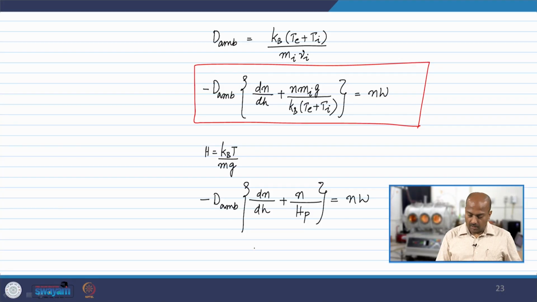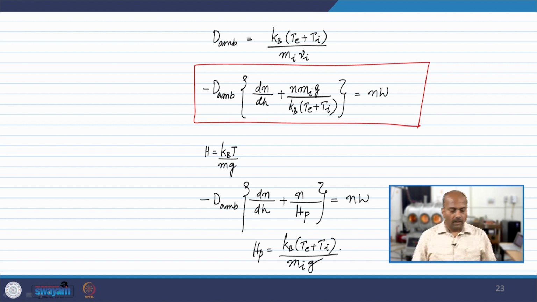And Hp, the plasma scale height, is Kb times (Te plus Ti) divided by mi g. Okay. So, what is this? This is called the plasma scale height. Okay. So, we will try to understand a few more interesting aspects of the ambipolar diffusion in the next lecture.